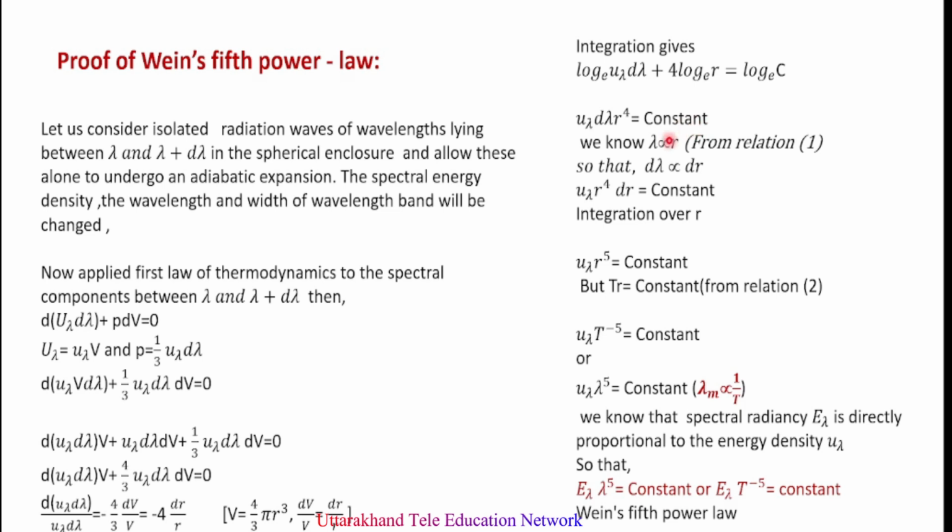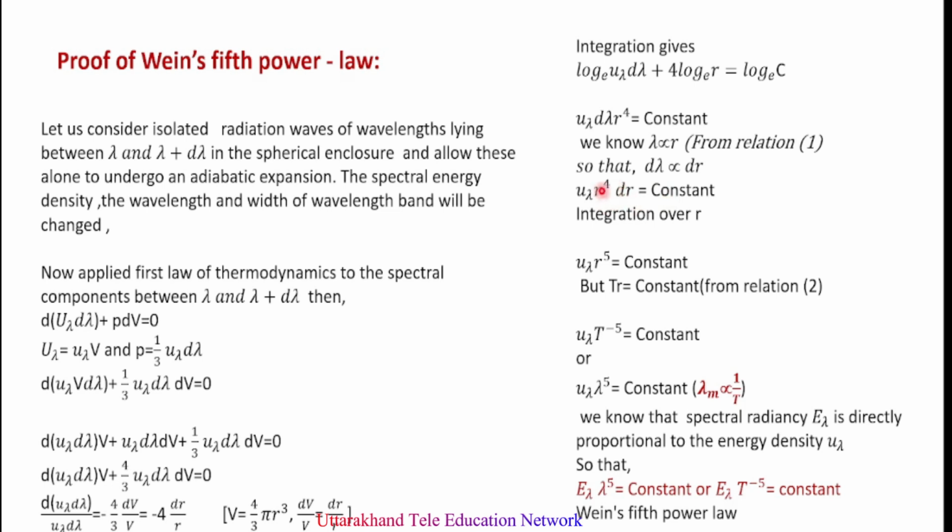But also you know that lambda is directly proportional to r. This we discussed previously. So d lambda is equal to dr, and we can put the value of d lambda equal to dr in this equation. The equation becomes u_lambda r to the power 4 into dr is equal to constant.